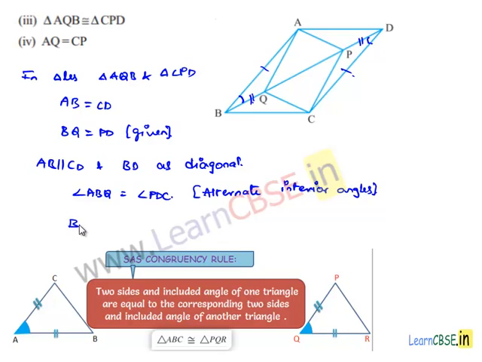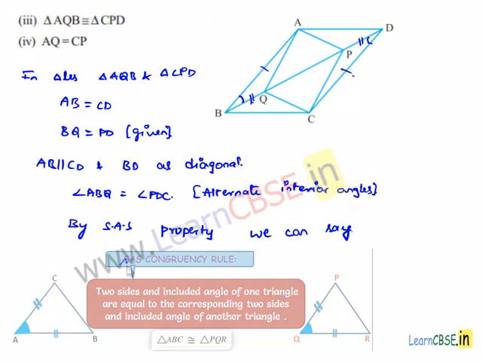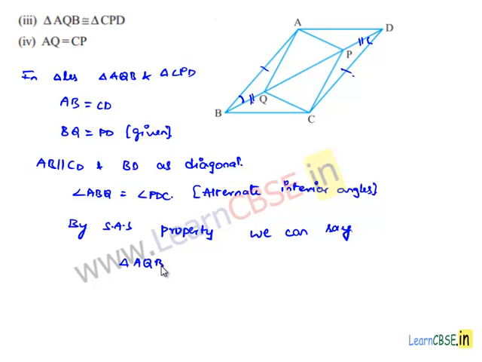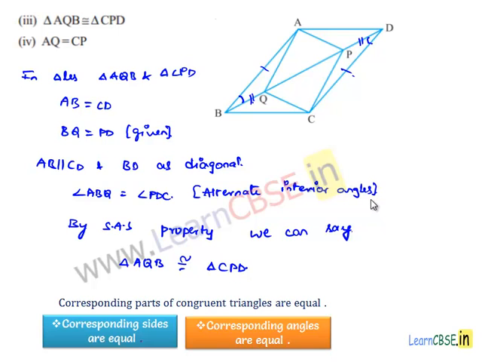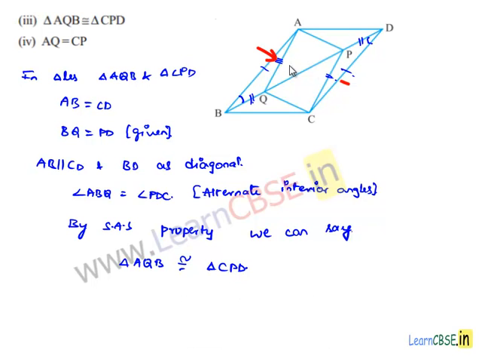Therefore, by SAS property, we can say triangle AQB is congruent to triangle CPD. When two triangles are congruent, we can say the corresponding angles and corresponding sides can be equated. So here CP will be equal to AQ. This is for the fourth subpart of proof required for us.